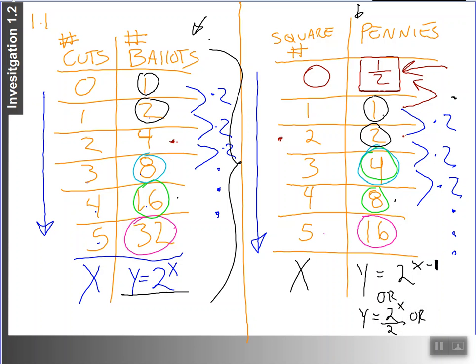Or, what's another way of saying divided by 2? Times 1/2. So I could also say y is equal to 1/2 times 2 to the power of x. So that means that the super insightful -1 in the exponent has to equal the divided by 2 and the 1/2.